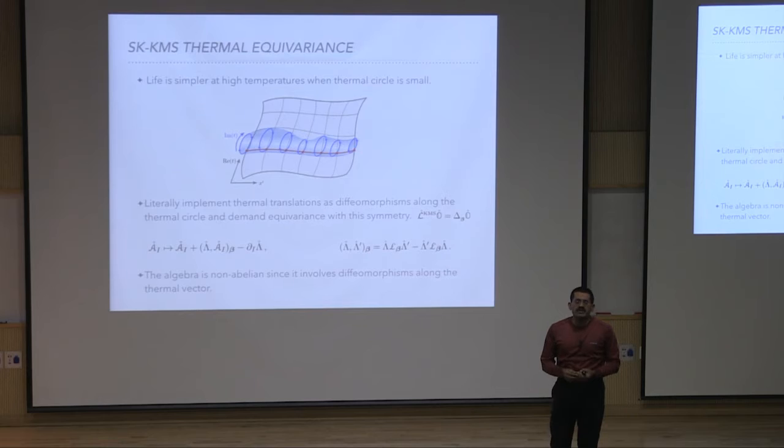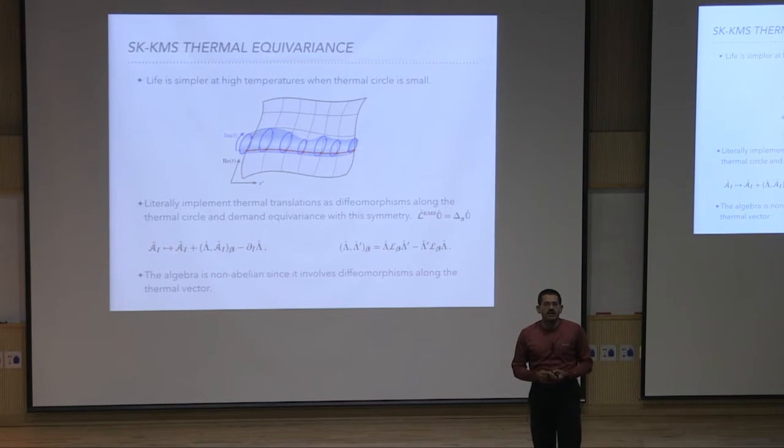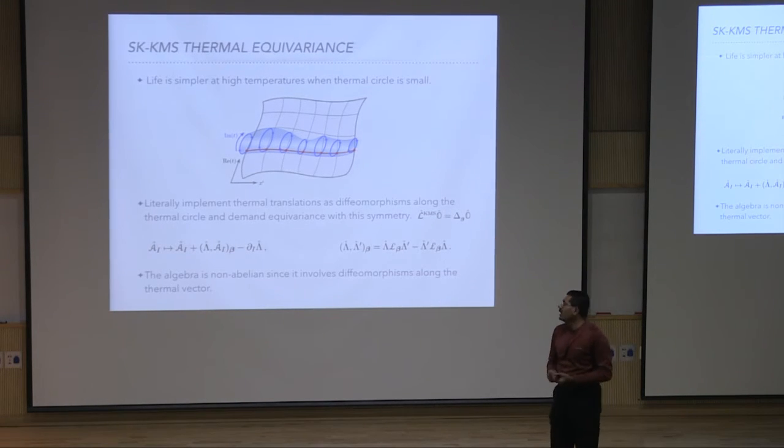Now we want to talk about general out of equilibrium problems because we're trying to compute Schwinger-Keldysh correlators. And the way you think about this is that you have your Lorentzian manifold, and as you go along your Lorentzian manifold, at different places you have different values of temperature and local choice of inertial frame. So in other words, your thermal vector switches from place to place.